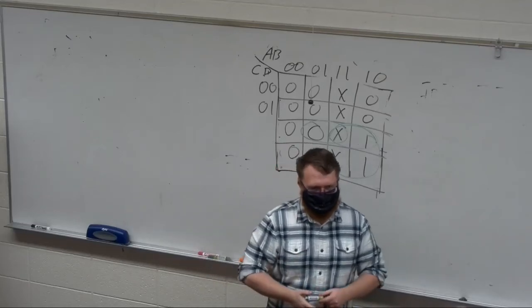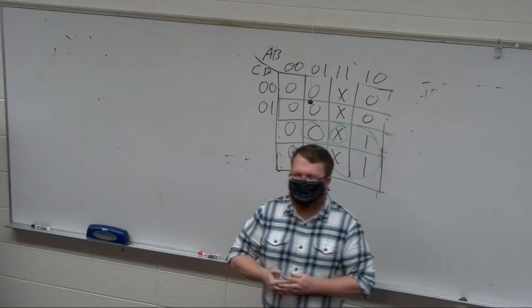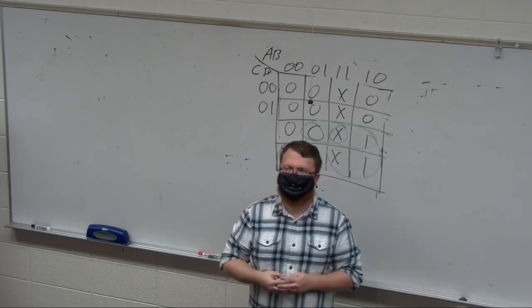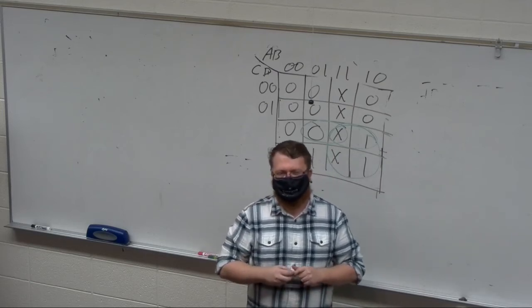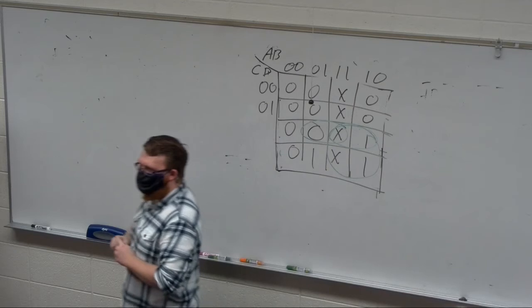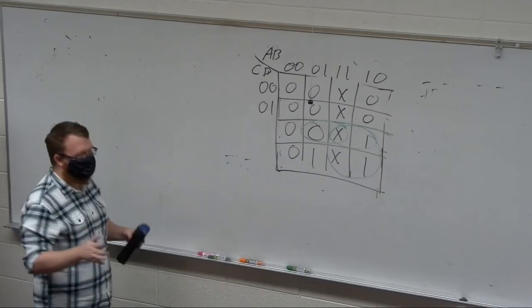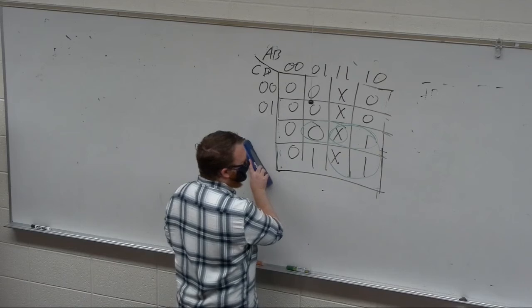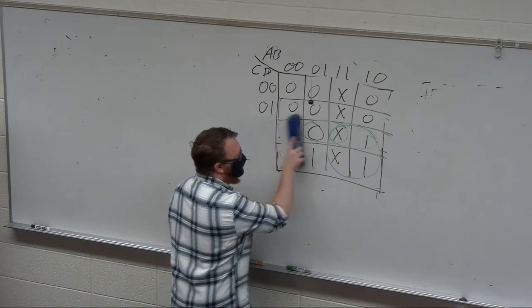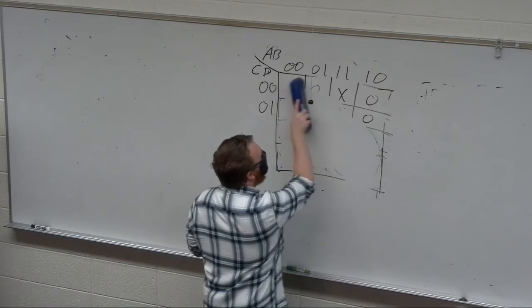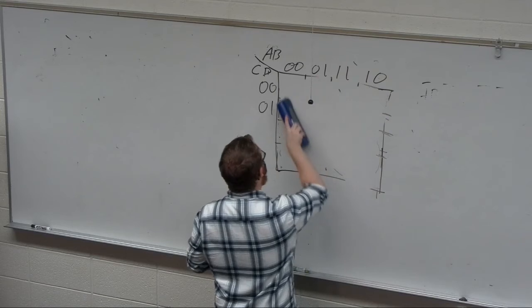I will teach you how to do that in case it is ever needed. I'm not promising yet, but I may limit the exam questions, not the homework, but the exam, to 6 variables.